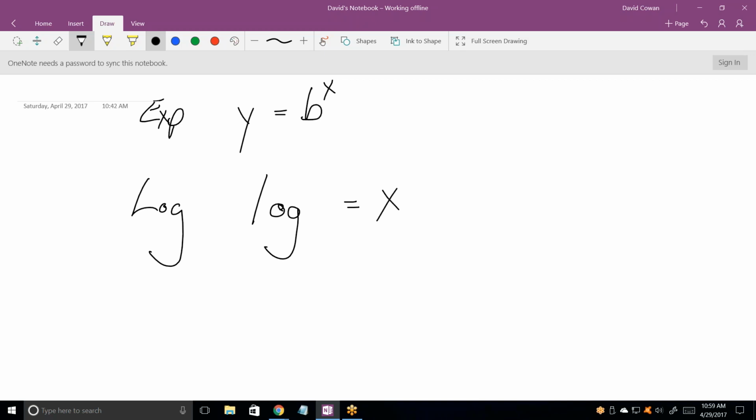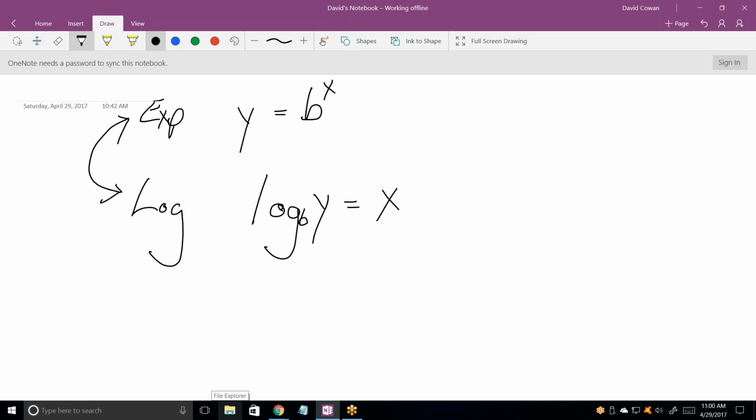Log equals x. Well, where do the b and the y go? So log sub b of y. There you go. You've got to be able to go back and forth between these two.